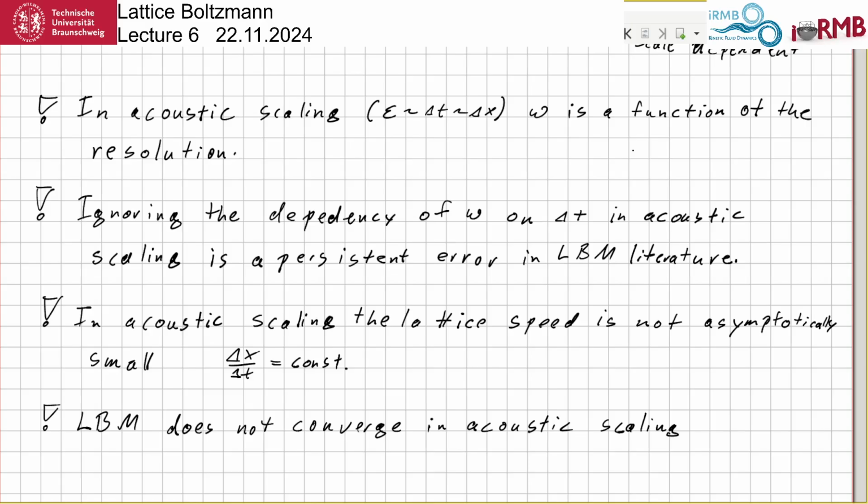So they usually like acoustic scaling, but what they have to do, this is what I just wanted to write, is make additional assumptions. You can use acoustic scaling and then assume on top of this that velocity is small. They say we do acoustic scaling and we just assume that velocity is already so small that we don't care about these errors.